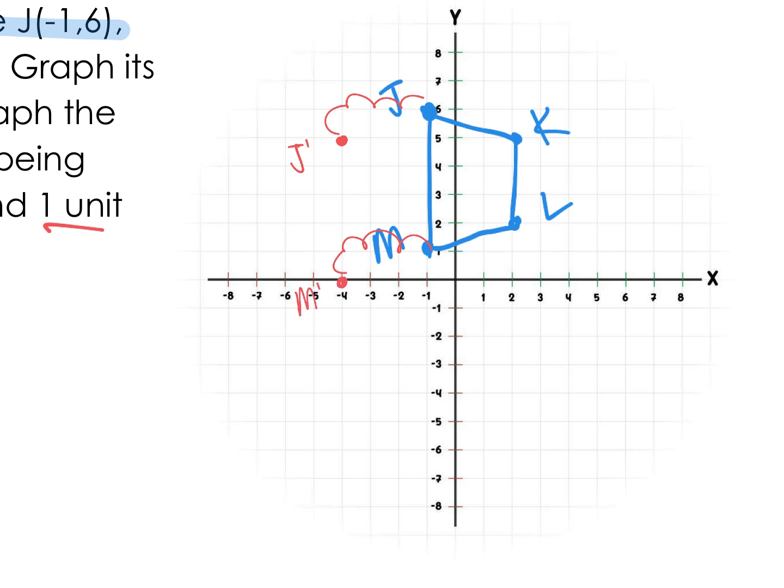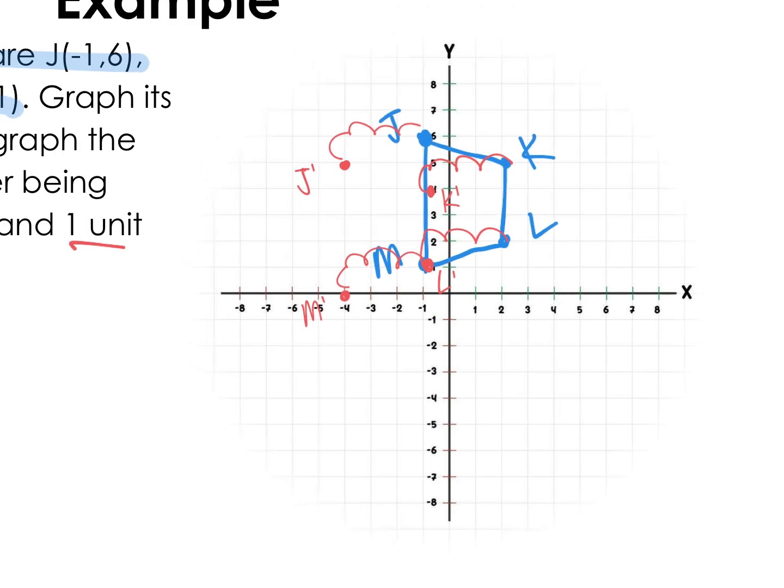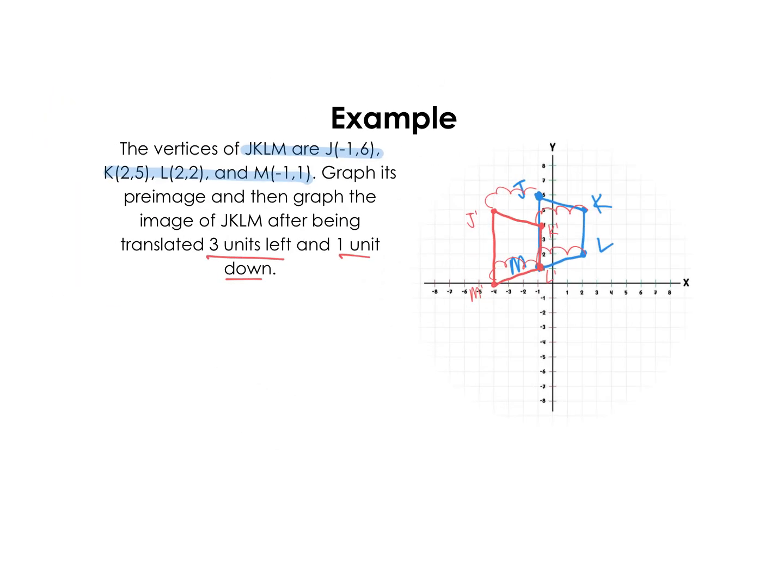This is M prime. 1, 2, 3, down 1 is K prime. 1, 2, 3, down 1 is L prime. Alrighty, with these all graphed, we can connect them, and our shapes overlap a little, which is okay. But we can now see that new image, or the pre-image and post-image of this translation of 3 left, 1 down.